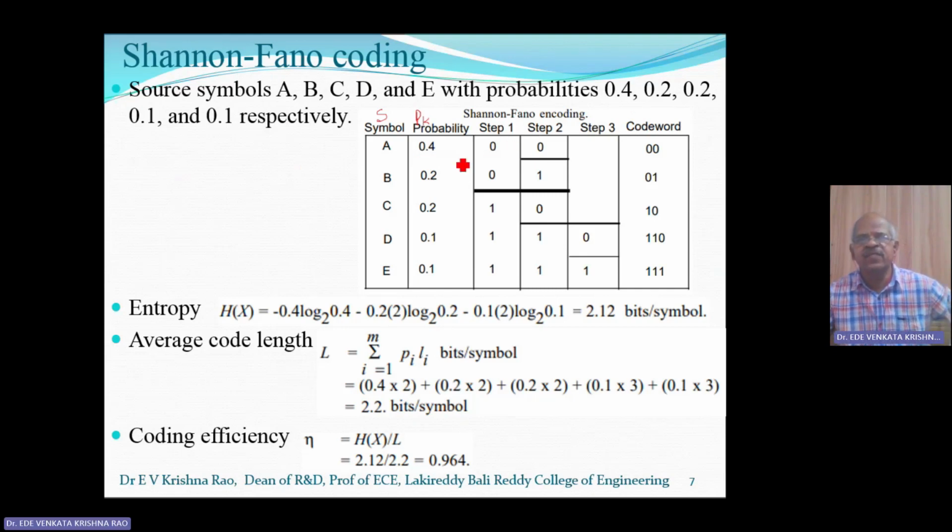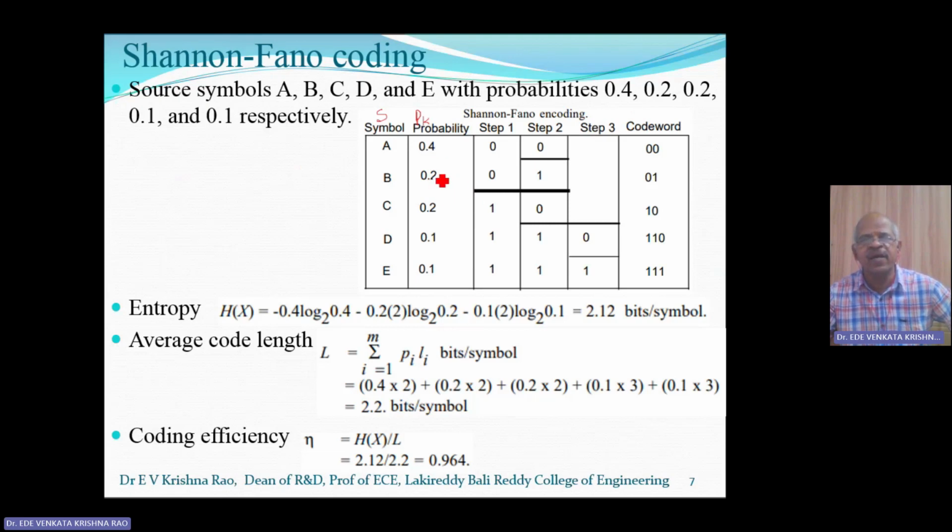The first step is to partition into two sets with equal probabilities. Here the sum of all the probabilities is equal to 1. We would divide into 0.5 and 0.5, but there is no chance of getting 0.5 and 0.5.